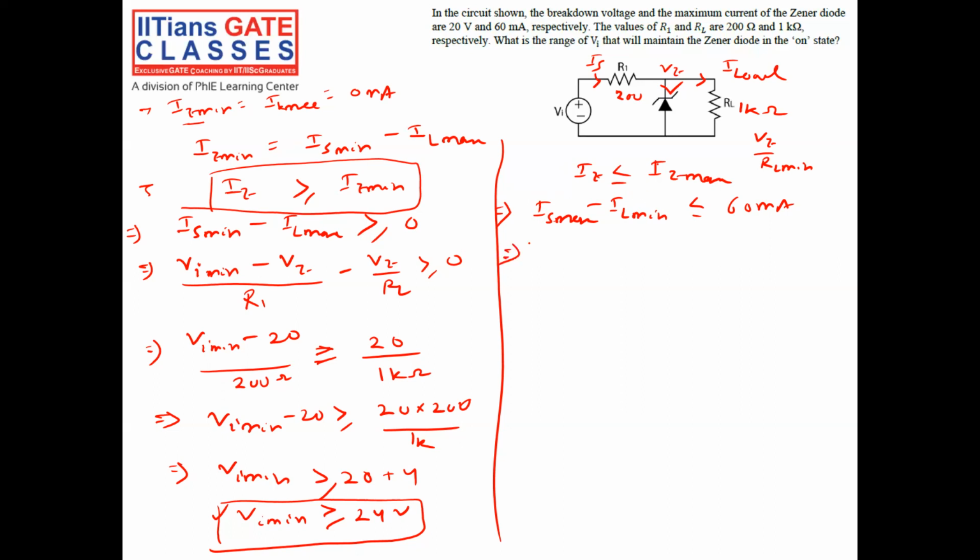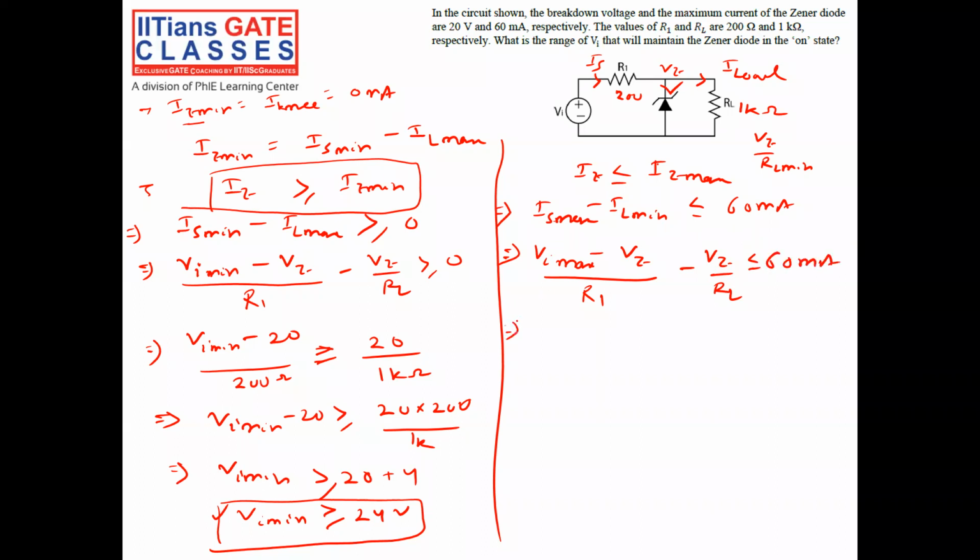So what is Is maximum, guys? Is is Vin maximum minus Vz by, actually it should be R1 minimum, but R1 is already fixed, so I will put R1 only. Similarly, IL minimum is Vz by RL maximum, but RL is already fixed, so I will put RL. If RL is changing, I have to put RL maximum to get the minimum load current. This is equal to 60 milliampere.